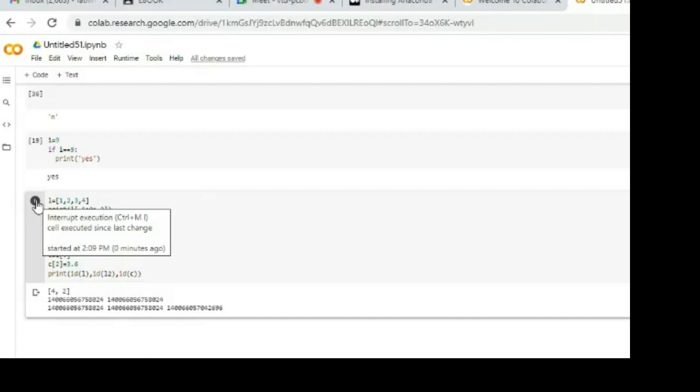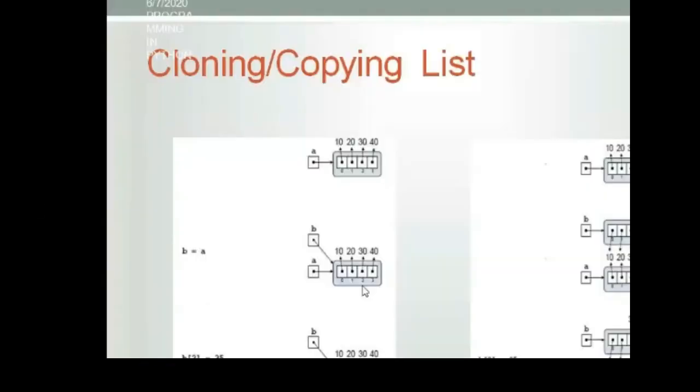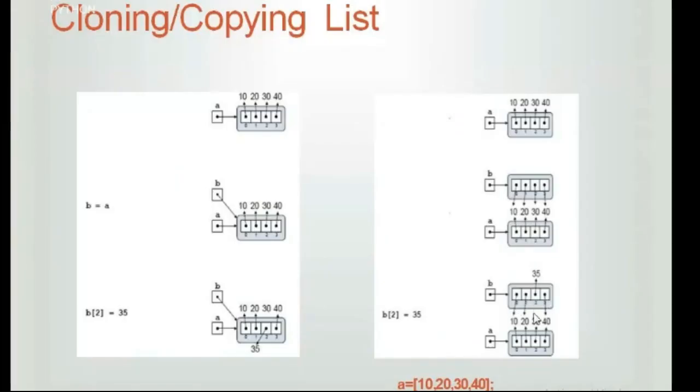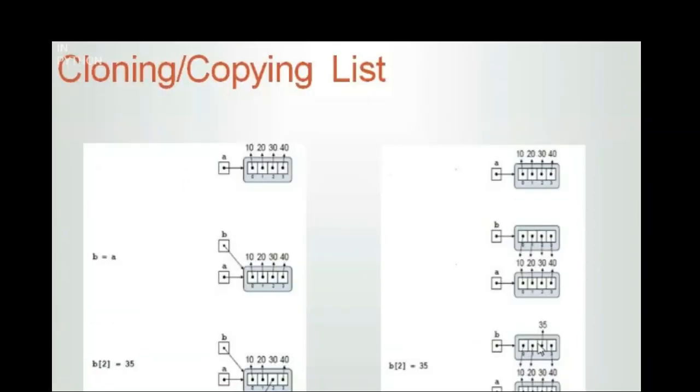So all the values will be copied and saved at a different address, and that address is given the name C. Whenever you make changes, that will be reflected in C only, but it will not reflect in the original.